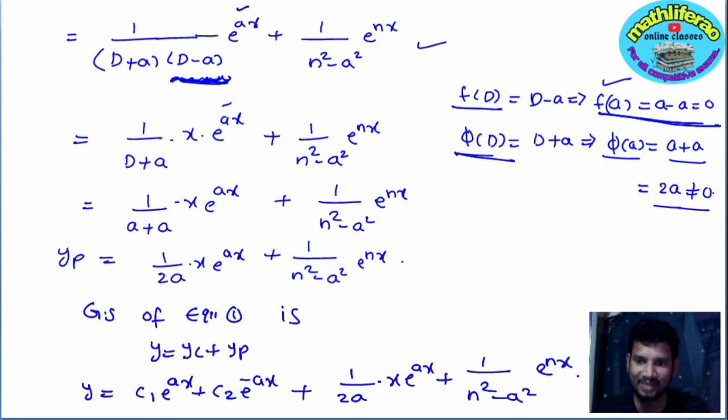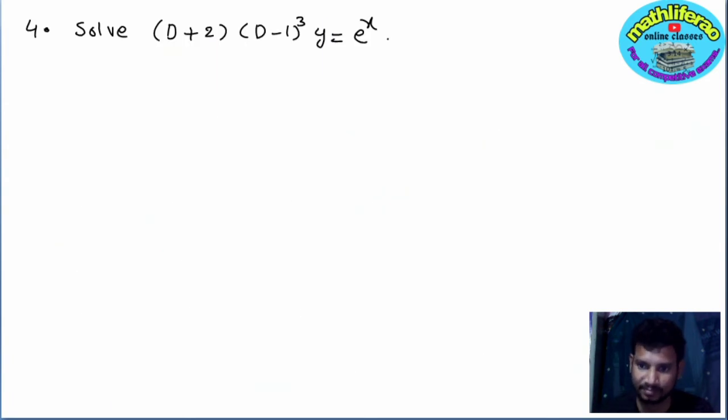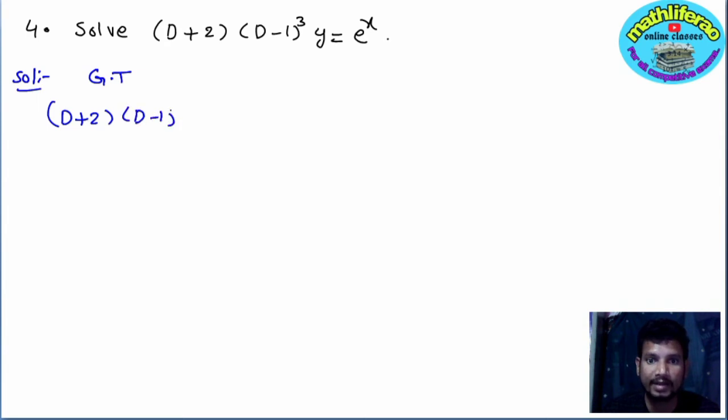Okay. Now next question, the fourth one. Solve the equation d plus 2 into d minus 1 whole cube into y equal to e to the power x. Okay, so your solution: given that d plus 2 into d minus 1 whole cube y equal to e power x, the equation is in the form of f of d into y equal to q of x.